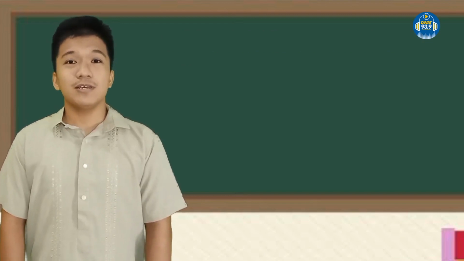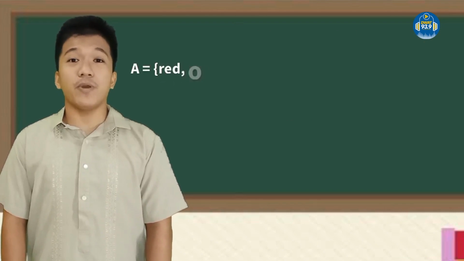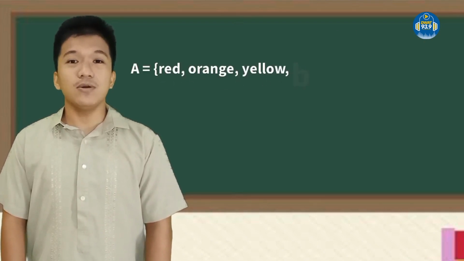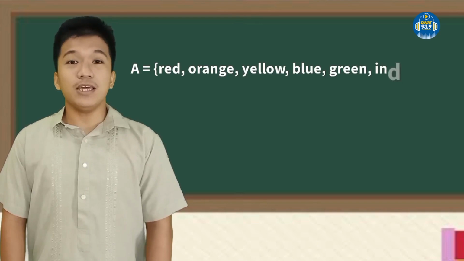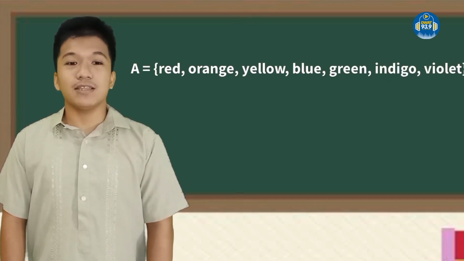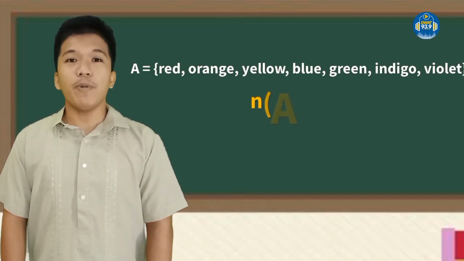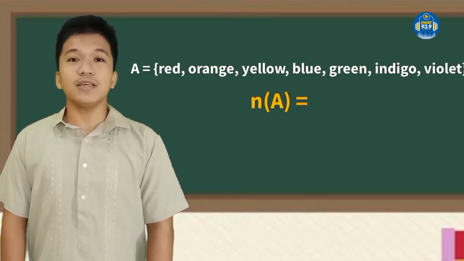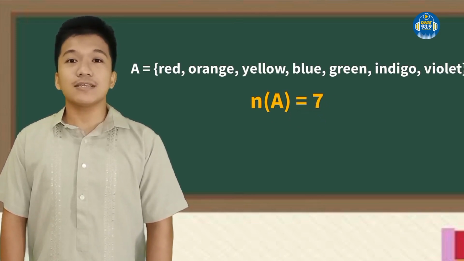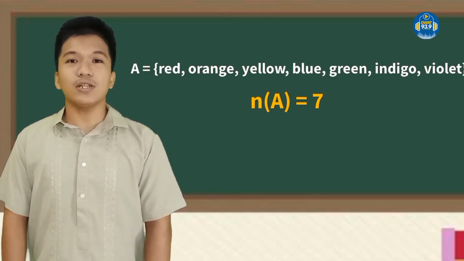For example, set A with the elements red, orange, yellow, blue, green, indigo, violet. We represent its cardinality as small letter n, open parenthesis, capital letter A, close parenthesis, equals 7. Or we can read that as the cardinality of set A is equal to 7.